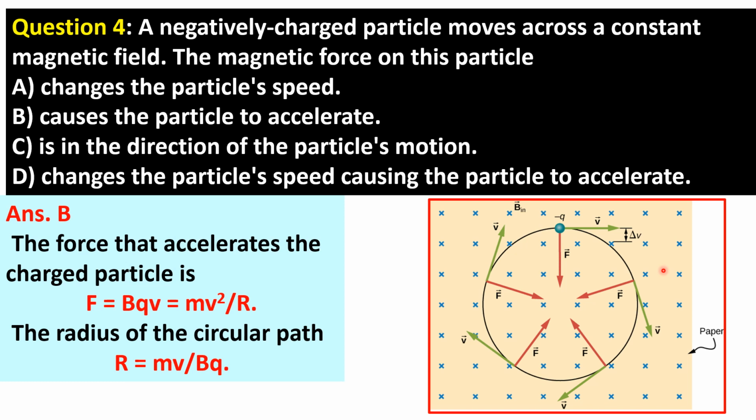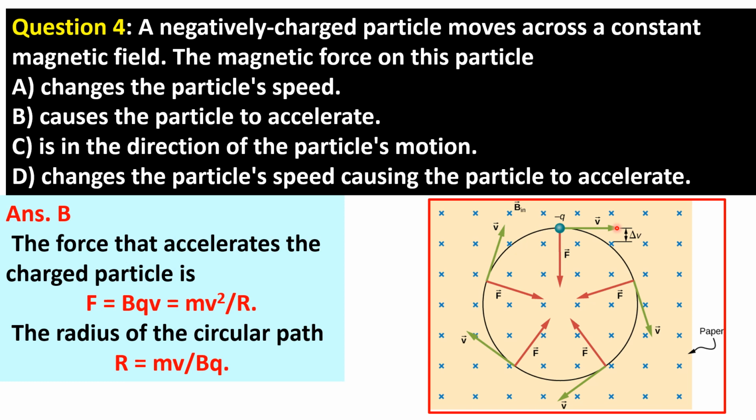And then imagine a negatively charged particle labeled negative Q entering this magnetic field. Originally, the direction of the motion of this charge is, as shown, to the right, represented by the velocity arrow directed to the right.